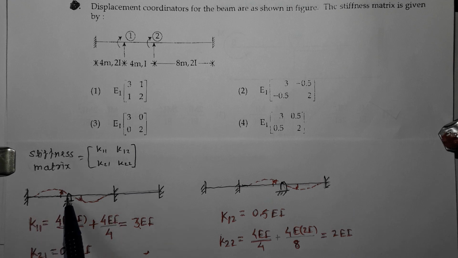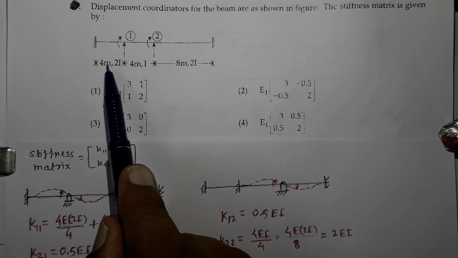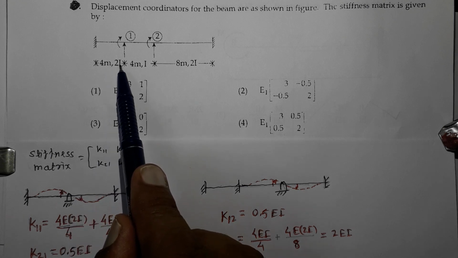Now the force developed at 1 can be given as K11 is equal to, when I want to produce unit displacement, as the far ends are fixed, the stiffness is given as 4EI upon L. So it will be 4E for this span to the left of this first coordinate. For the left span, which is 4 meter, and its moment of inertia is 2I.